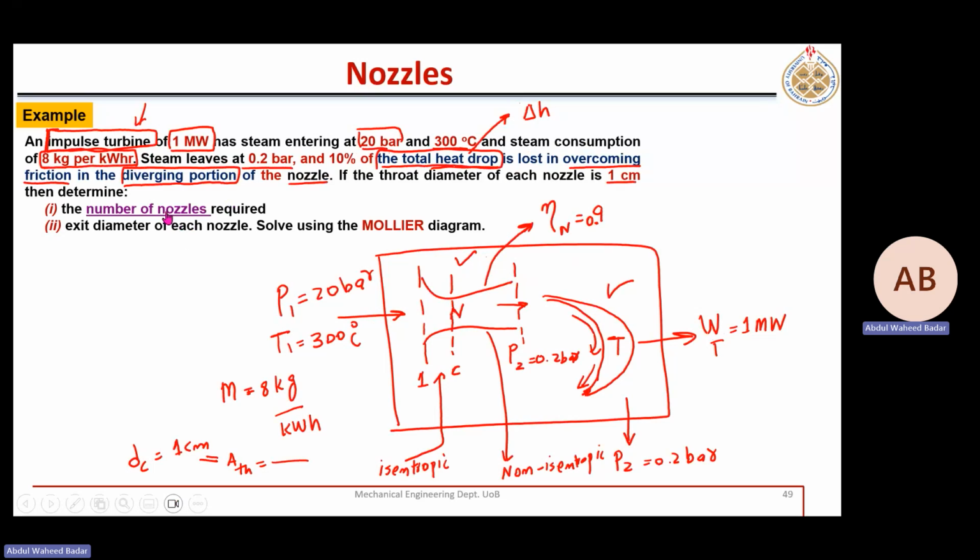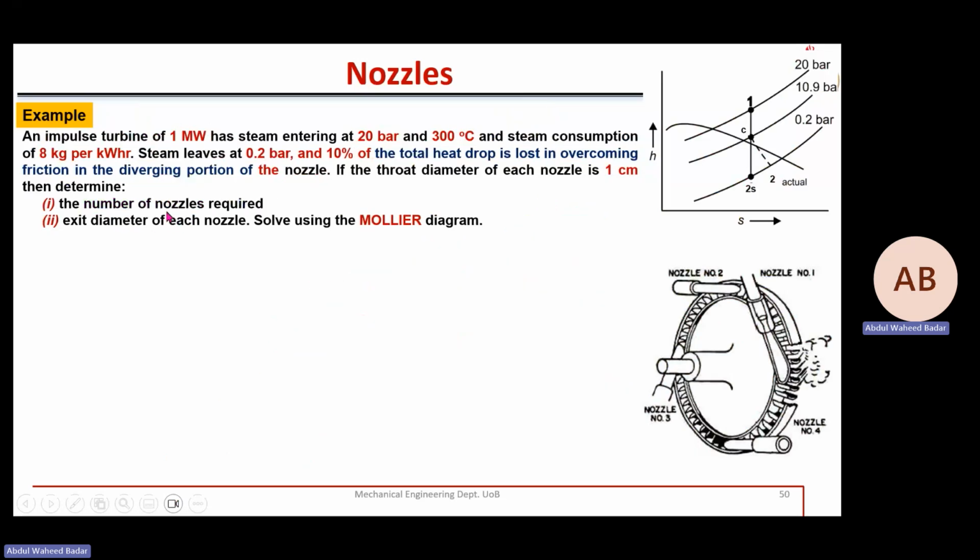So let me show you one figure where you will understand how exactly this impulse turbine looks like. Here you see an impulse turbine mounted over a rotor. Here is that shaft. These are turbine blades. And here you see one, two, three, four nozzles.